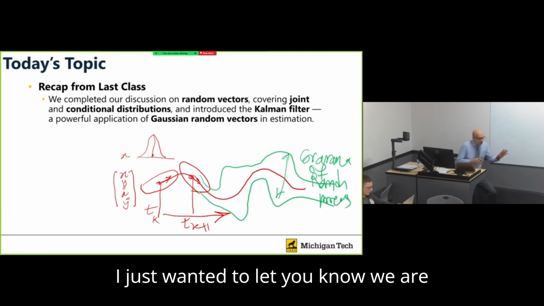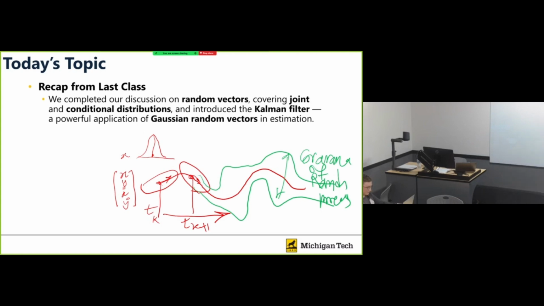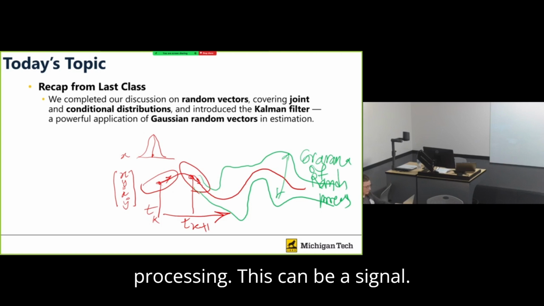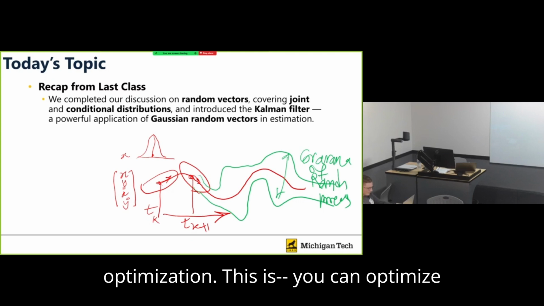I just wanted to let you know we are starting a new chapter, with lots of applications in signal processing. This can be a signal. This can be the position and trajectory of a robot. It can even be a function for optimization.